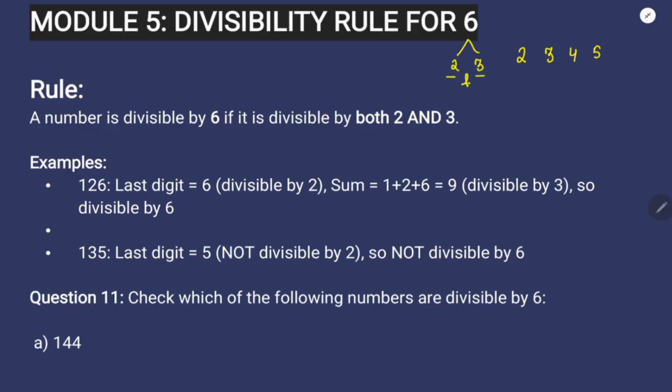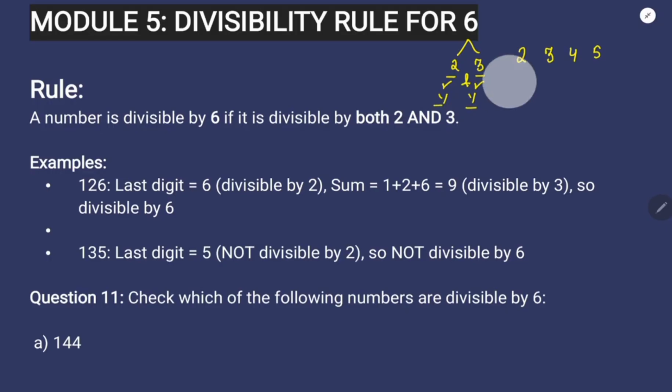It must be divisible by both. If it is not divisible by any of them, then the number will not be divisible by 6. So you will check the divisibility rule of 2, then the rule of 3, and if you get yes for both, then you will say yes, our number is divisible by 6.